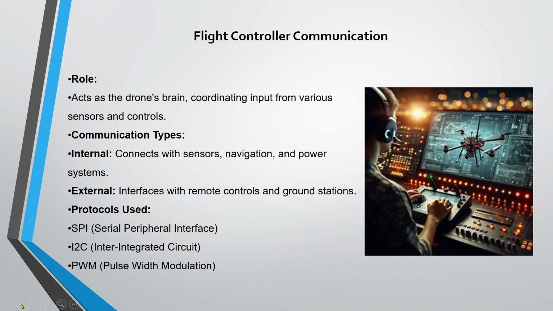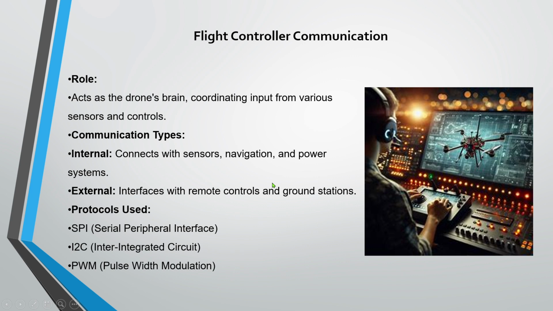Now the next point. Let's understand the flight controller communication. So what is the flight controller communication? It acts as the drone's brain, coordinating input from various sensors and controls.